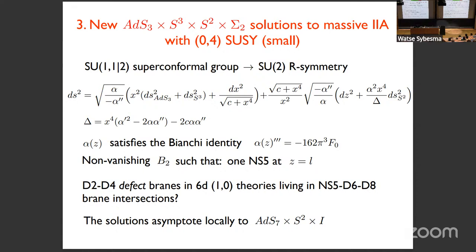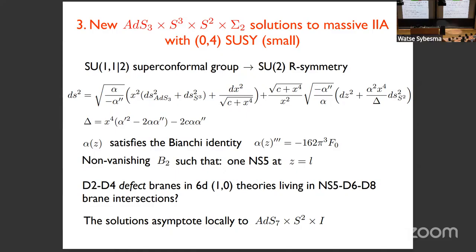This alpha that encodes the solutions is a function that depends on Z that appears already in the Tomasiello solutions. Through its third derivative it is giving you the mass of the massive IIA supergravity where they live. And here, when you send this x direction to infinity, what you recover asymptotically is AdS7 cross S2 cross interval.